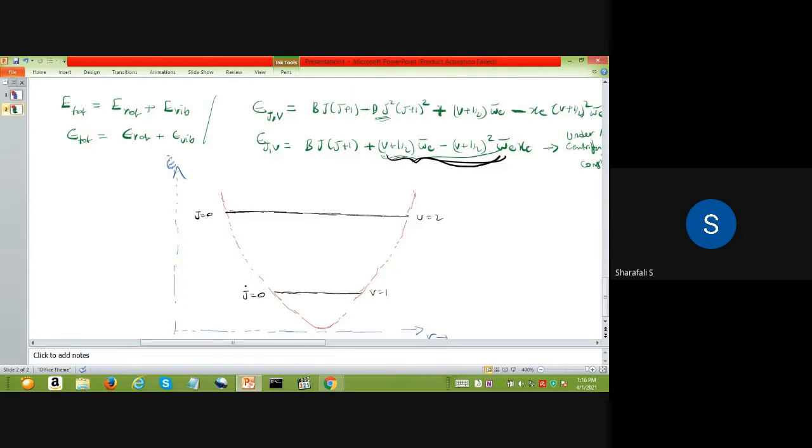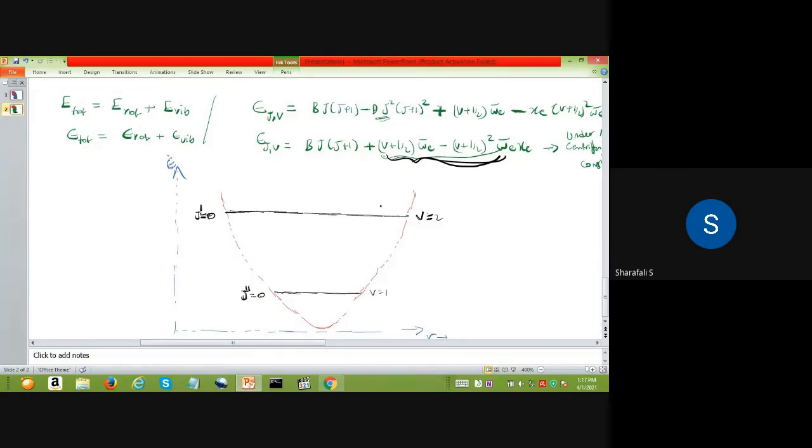Now I'm considering j double dash and j dash. j dash is the rotational energy quantum number corresponding to the vibrational state v equal to 2, and j double dash is the rotational quantum number corresponding to v equal to 1.